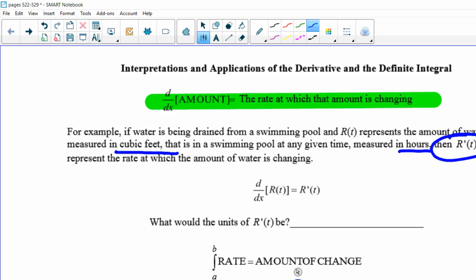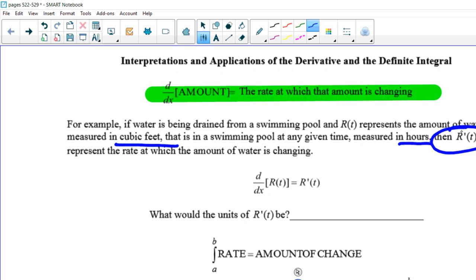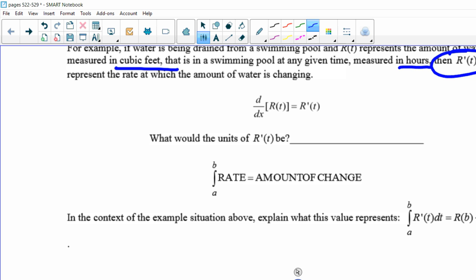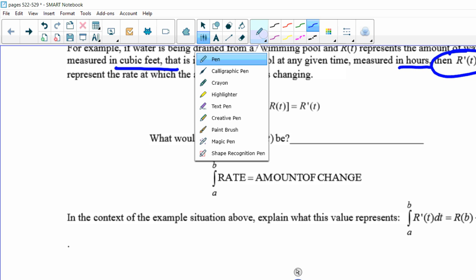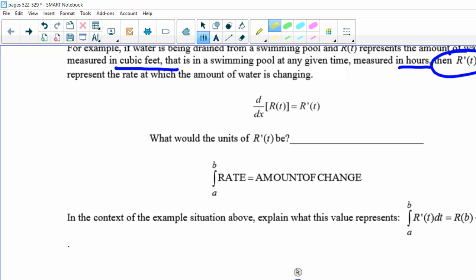But if the water's being drained from the pool, then the derivative, the rate at which the amount is changing, is going to be negative because the amount of water is decreasing. So remember, when you take a derivative of an amount, you get a rate.